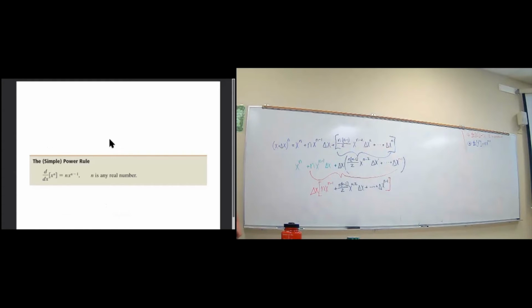This is known as the simple power rule. It's known as the power rule. They call it the simple power rule. I think the delineation they're making here is kind of an unnecessary one, but the book breaks it this way, so I'm not going to deviate from that, just so as to not confuse you all.